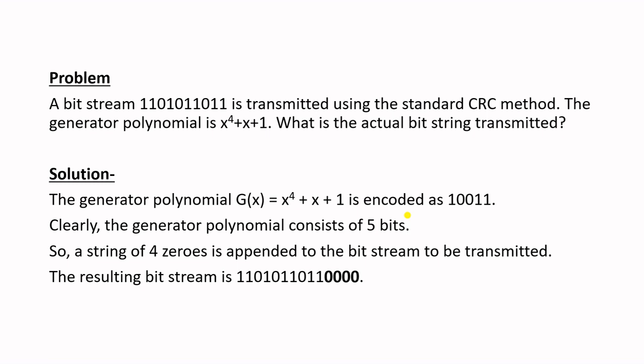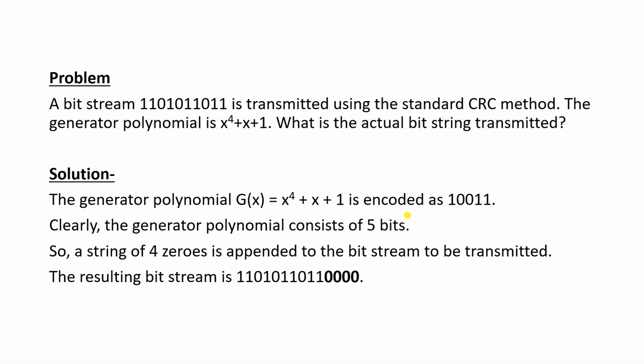The problem is: a bit stream 1101011011 is transmitted using the standard CRC method. The generator polynomial is x to the power 4 plus x plus 1. It is asked, what is the actual bit string transmitted? I am going to discuss how it will be solved.